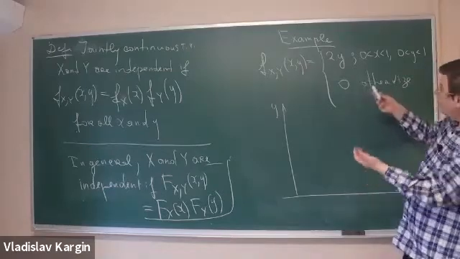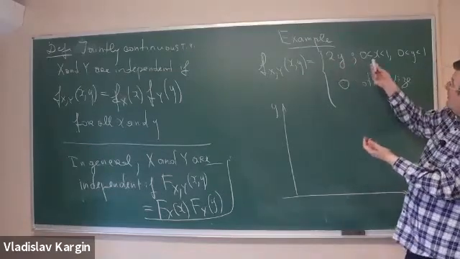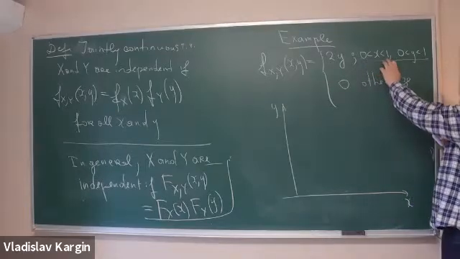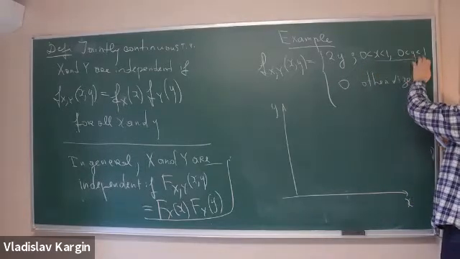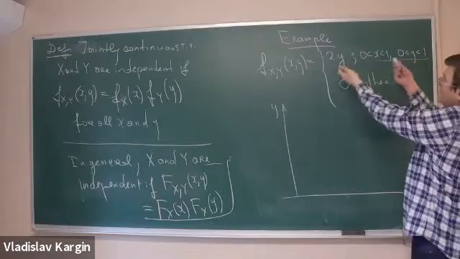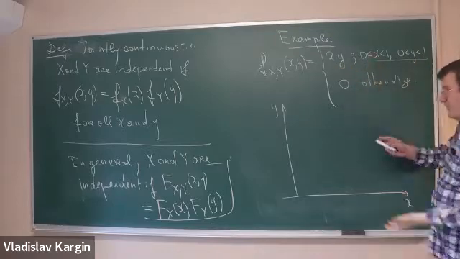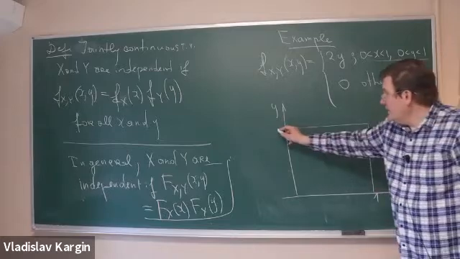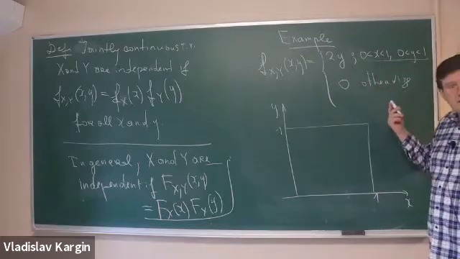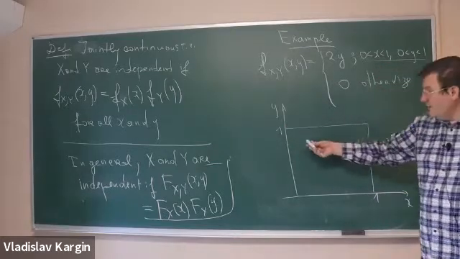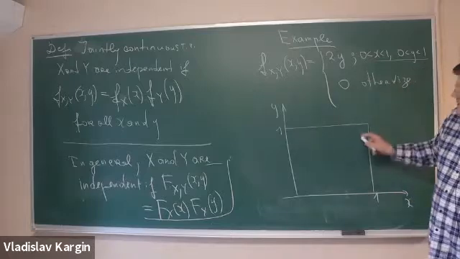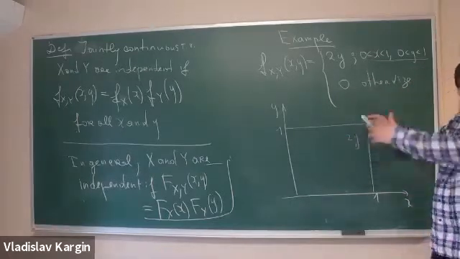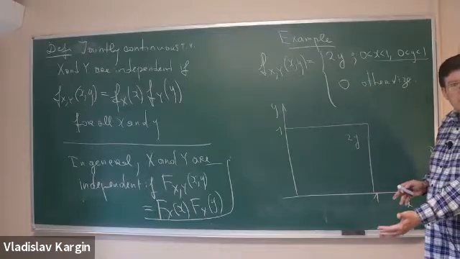In this particular case, it's not 0 on the set where 0 is smaller than x smaller than 1, 0 smaller than y smaller than 1. So if you plot it, what's this set? It's just a square in this specific case. In this square, the density is equal to 2y. Outside of it, it's 0.